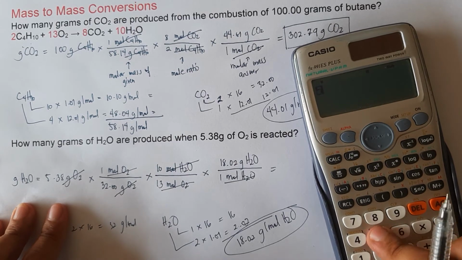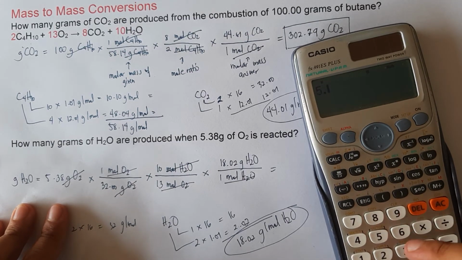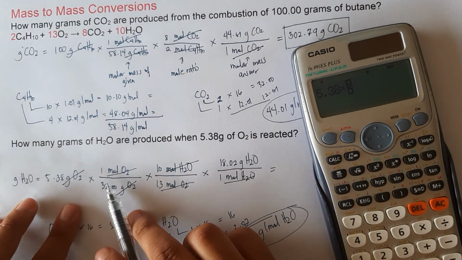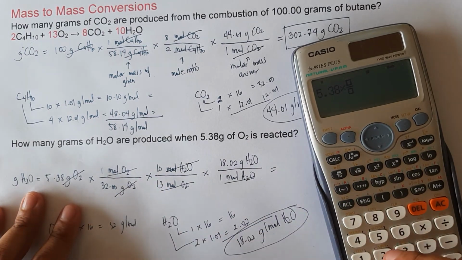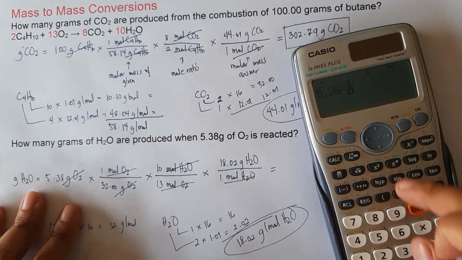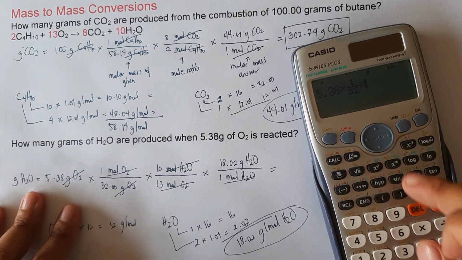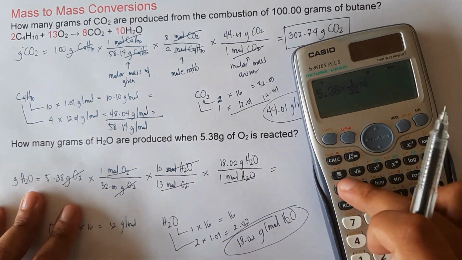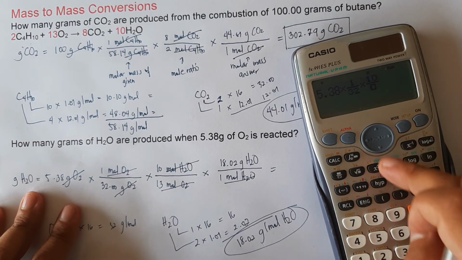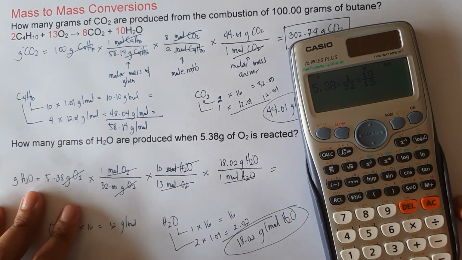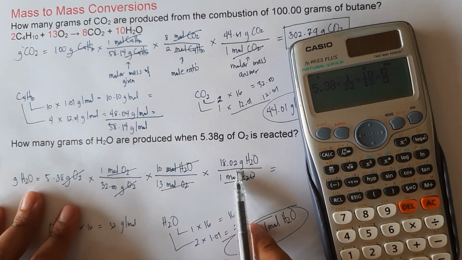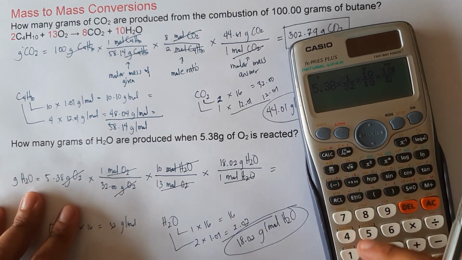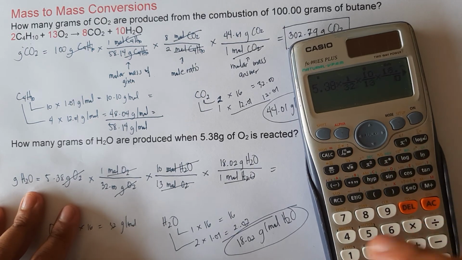So, that's 5.38 grams times 1 over 32, times 10 over 13, times 18.02 over 1.